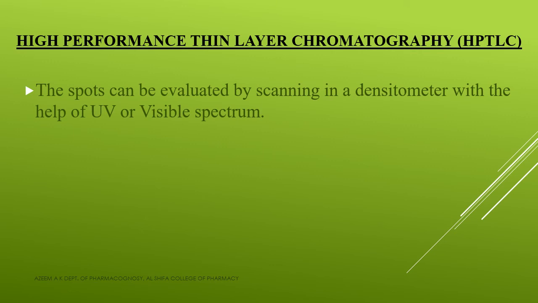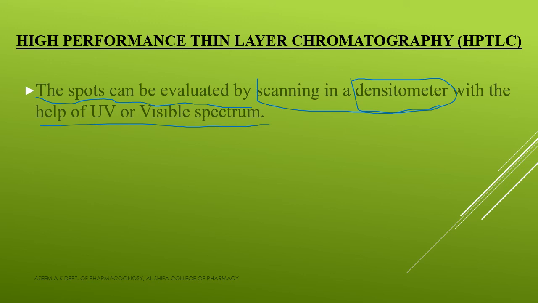So here the spots present in the pre-coated plates can be evaluated by scanning in a densitometer with the help of UV or visible light. So here a densitometer is another type of instrument, and this densitometer can be used for scanning the spots, and it works with the help of UV as well as visible spectrum.